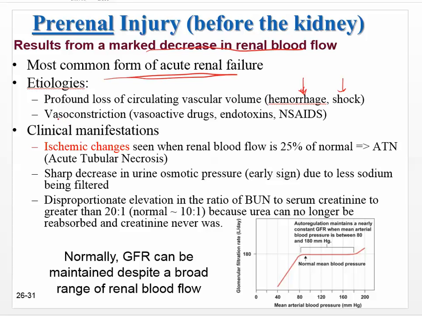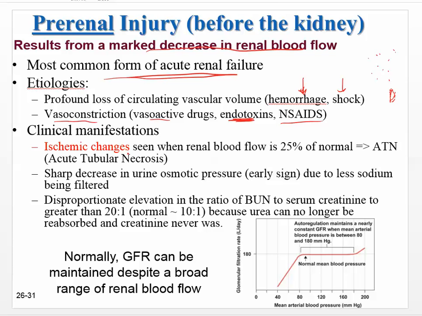Could be caused from vasoconstriction, whether that's from vasoactive drugs, endotoxins. Remember, when we talk about endotoxins, we're talking about these little bacteria and the little parts around the bacteria that, when they leak out into the blood, can cause an inflammatory response, which includes vasoconstriction. NSAIDs, nonsteroidal anti-inflammatories, those kinds of things.